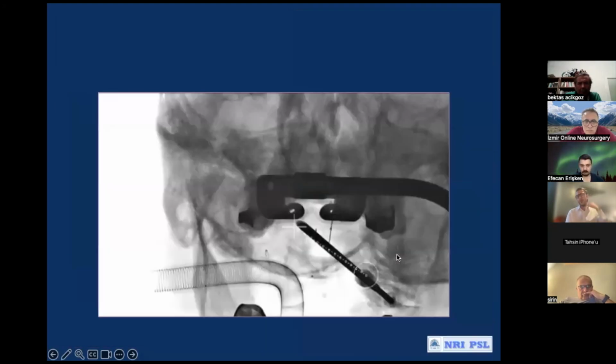So in such a lesion, the best route to treat this lesion and to put a needle in it is to use a transoral access. Of course it's under general anesthesia. We collaborate with our ENT team to put a mouth gag in order to expose the posterior aspect of the pharynx.